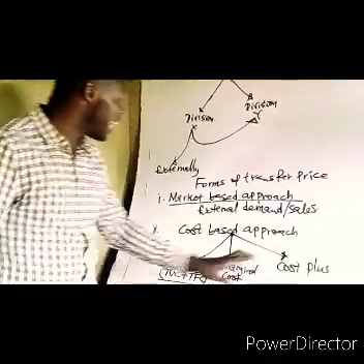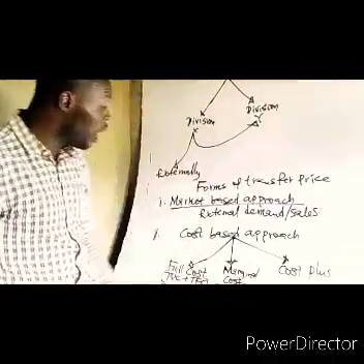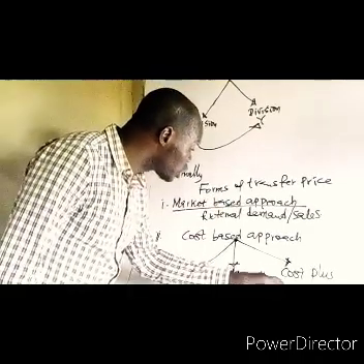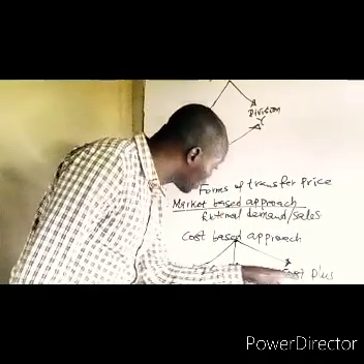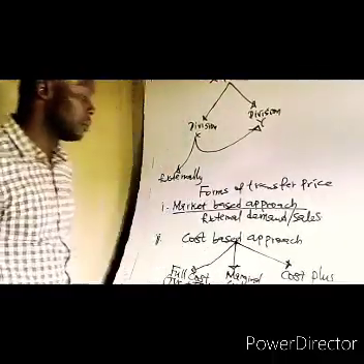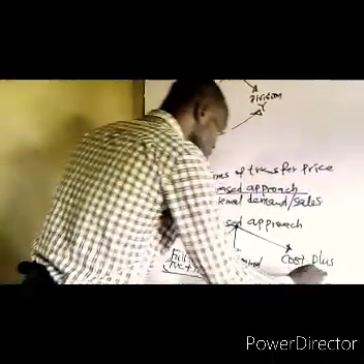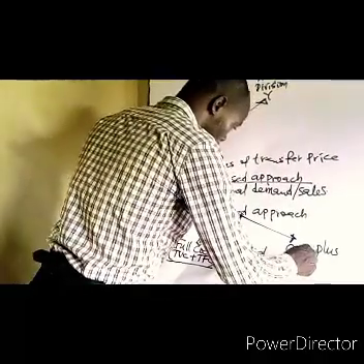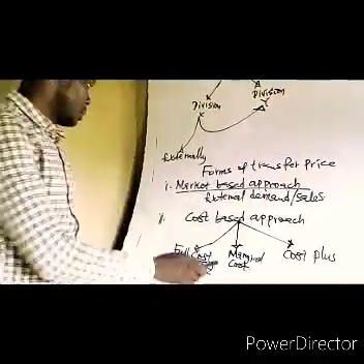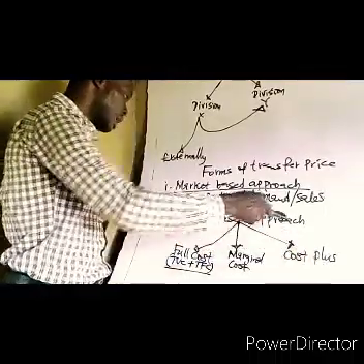That is, total cost of production per unit plus a percentage markup. That is the cost plus approach.